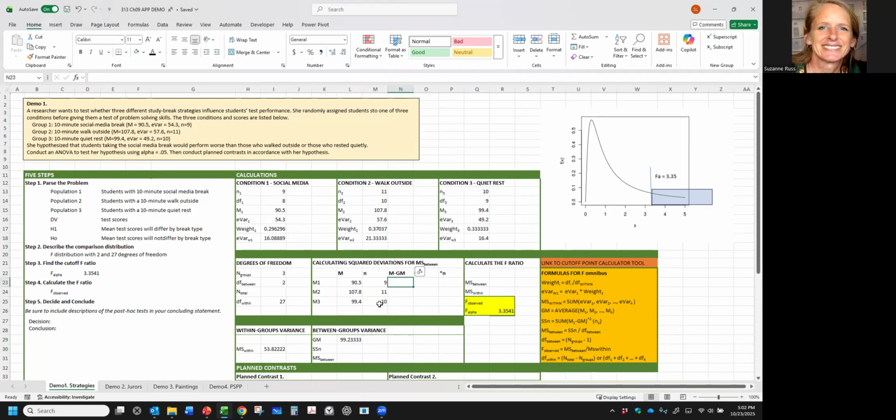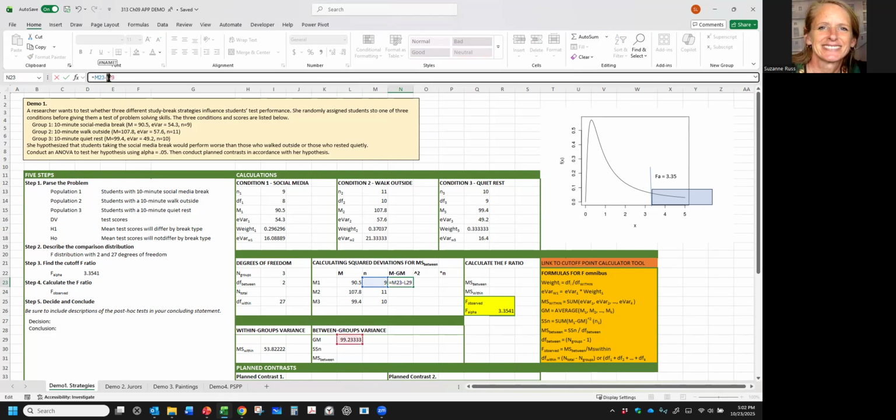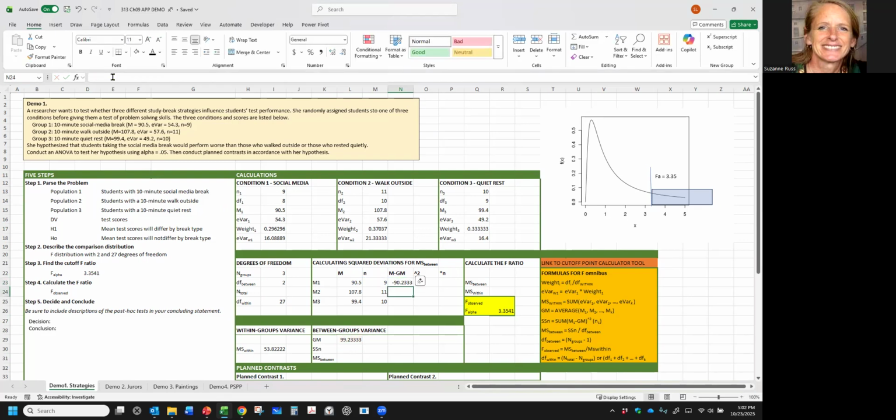Next, we calculate our deviations because we're getting an SS. It's a little bit different sum of squares because we're going to multiply by n first, but other than that, it's just the same. So we can go ahead and get our deviations, which is each mean minus the grand mean. I'm just going to put the $ in before the row so that it holds steady as we work down.